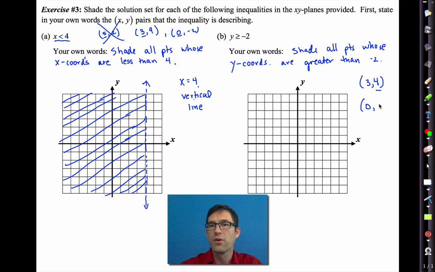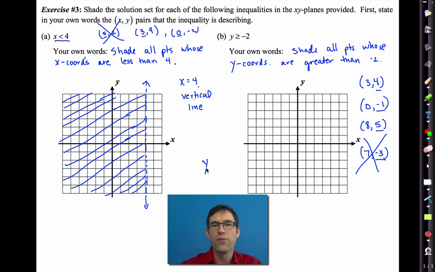If I had 0, -1, that would work because -1 is greater than -2. Think about that for a minute. If I had 8, 5, that would get shaded because that is greater than -2. If I had 7, -3, that wouldn't be shaded because -3 is not greater than -2.